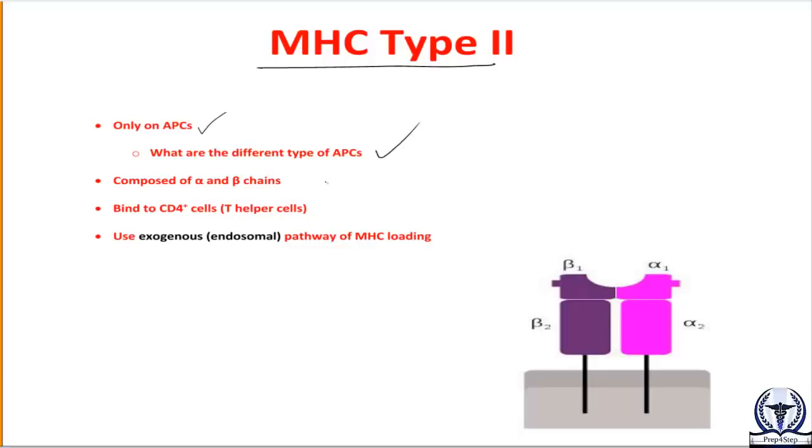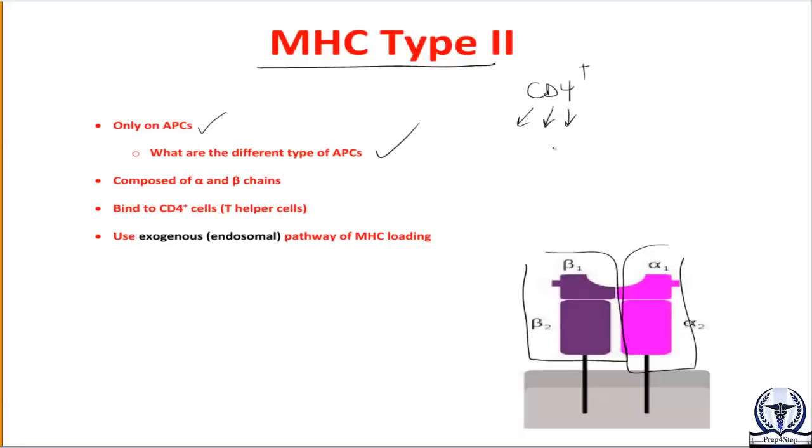So we talked about the different types of APCs. The structure of this MHC type 2 is made up of two different chains, an alpha chain and a beta chain. This will be our alpha portion, and this will be our beta portion, or the beta chain. This MHC type 2 will bind to CD4 cells, or CD4 positive. Again, CD is cluster of differentiation 4.